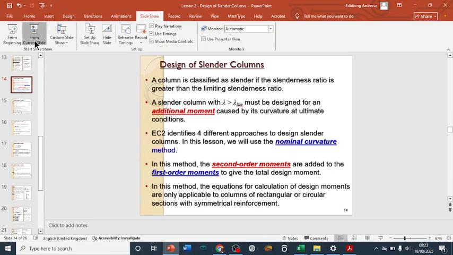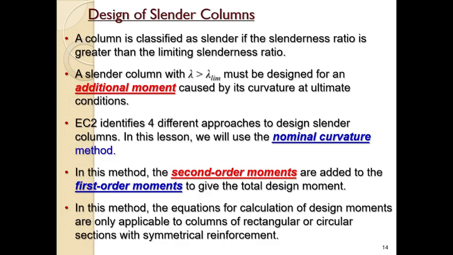So this is a design of slender column. We have established that a column is classified as slender if the slenderness ratio is greater than the limiting slenderness ratio. So a slender column with lambda greater than lambda limit must be designed for an additional moment caused by its curvature at ultimate condition.